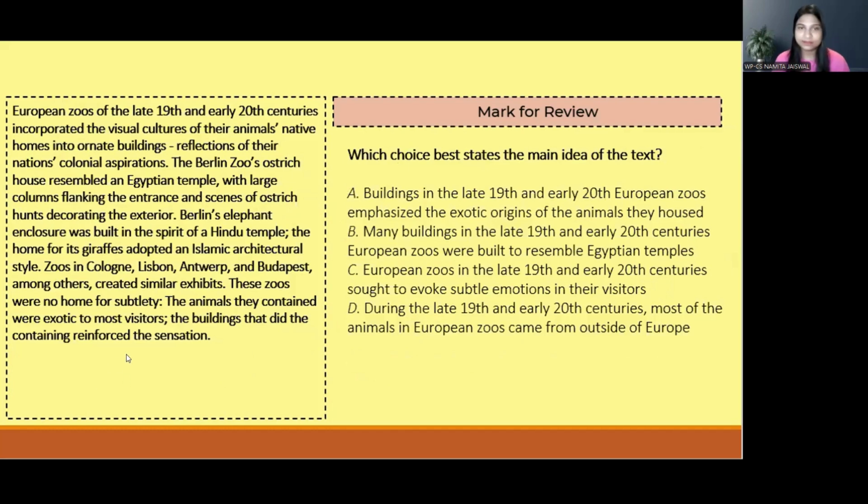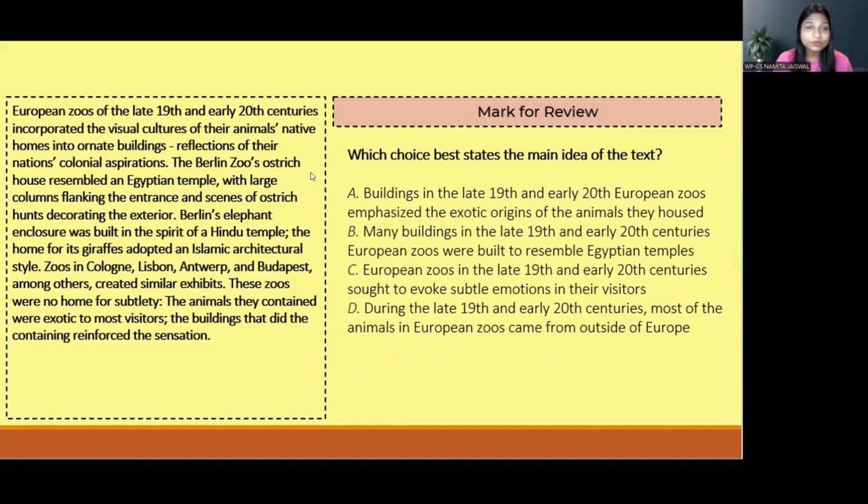Now, moving ahead with this. Okay, now we will be doing this together. European zoos of the late 19th and early 20th centuries incorporated the visual cultures of their animals' native homes into ornate buildings. Okay, reflections of their colonial aspirations.